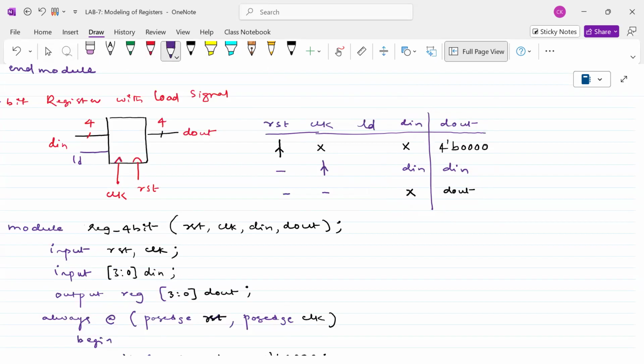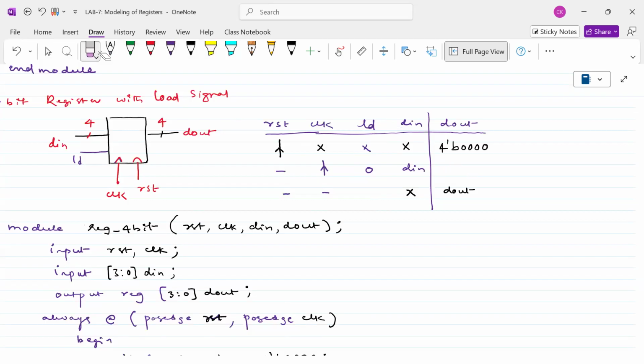Okay. So if the reset is available, irrespective of anything here, then it is 0. If reset is not there, if the clock is there, and if the load signal is not there, then what has to happen? Actually, we don't want to use any kind of data.